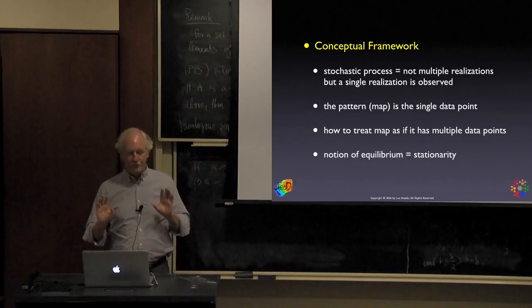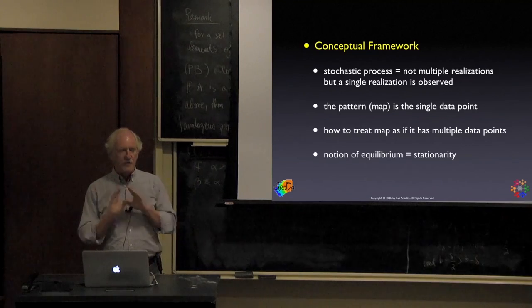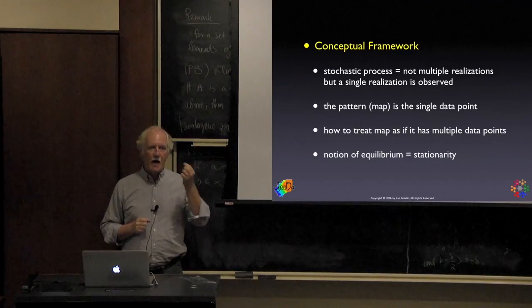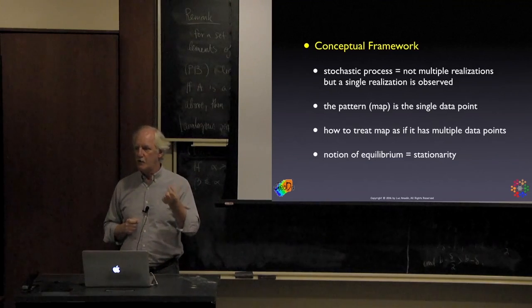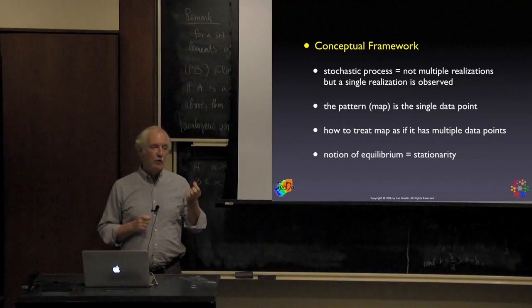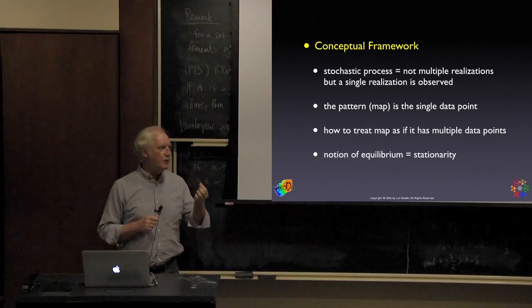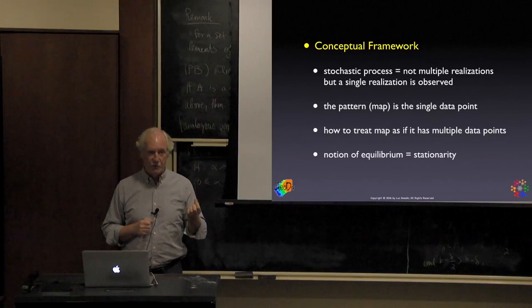Because this is an impossible problem, right? You have one data point. How can you estimate a model for one data point? You can't. So we're going to, I'm not going to call it cheat, but be clever, right?